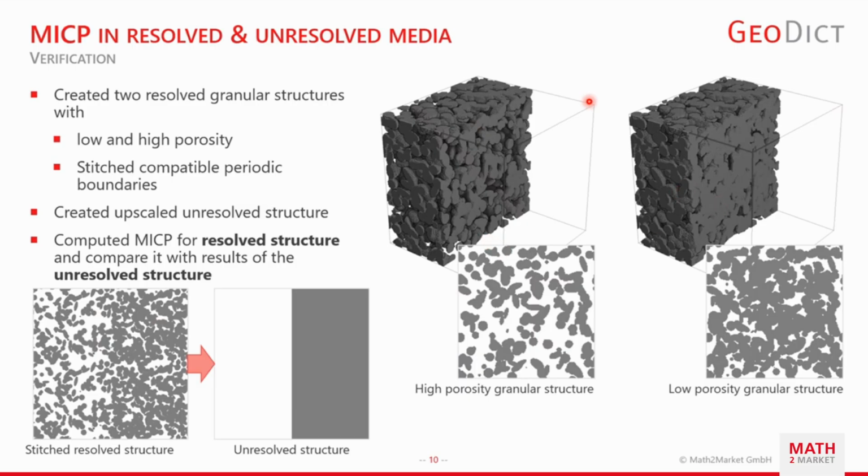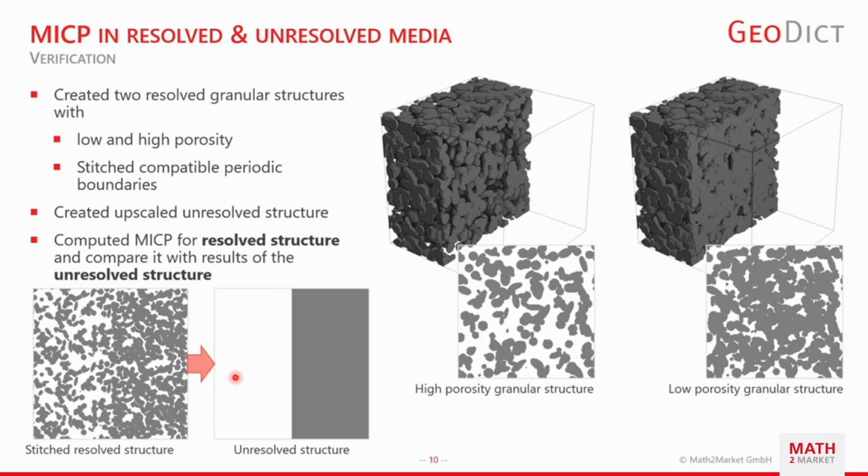We have now computed on both structures the capillary pressure curve, or Mercury intrusion capillary pressure curve, so that we would have homogenized material information for the high porosity structure on the left-hand side, and for the low porosity structure on the right-hand side. So we simply transferred the information from both structures to the left and to the right-hand side.